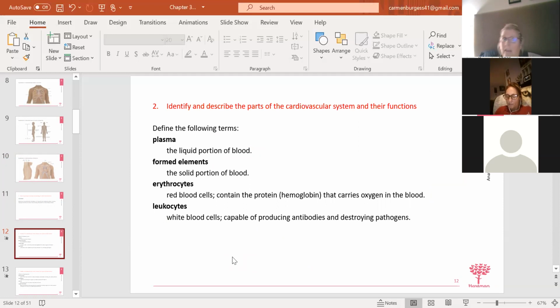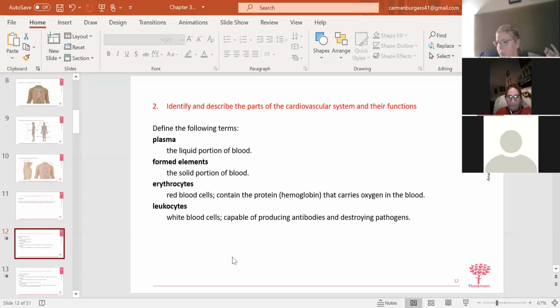You won't have to know the percentage, but plasma makes up about 55%, and the formed elements make up about 45%. But the plasma is that liquid, mostly water, straw colored part of the blood. A lot of people donate plasma because it carries a lot of nutrients and immunoglobulins.